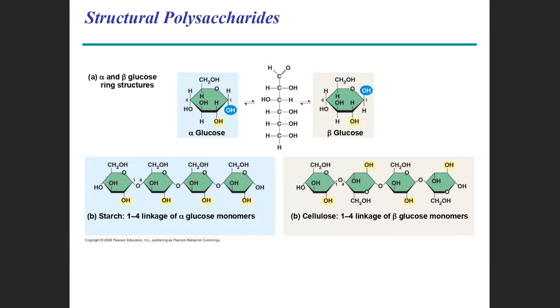So look at the difference here. So glucose, and if you've ever seen the ball and stick models in chemistry, has anyone ever played with ball and stick models in chemistry? You know what I'm talking about with the balls and sticks, with the atoms and the chemical bonds between them?